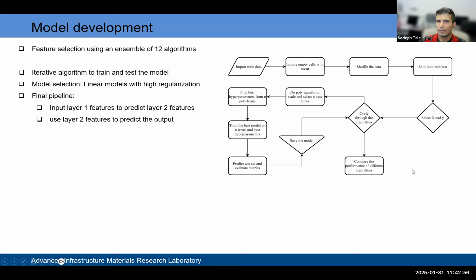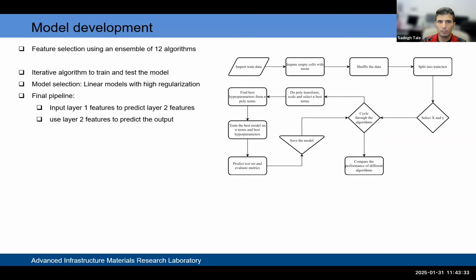After that, we developed an iterative algorithm that goes through the data, does feature selection, trains the model and selects the best algorithm to train the model, and takes care of overfitting by regularizing the model. And that was very important for us, not to overfit the data and get some model that performs really well in terms of metrics, but cannot predict the performance that we are looking for.